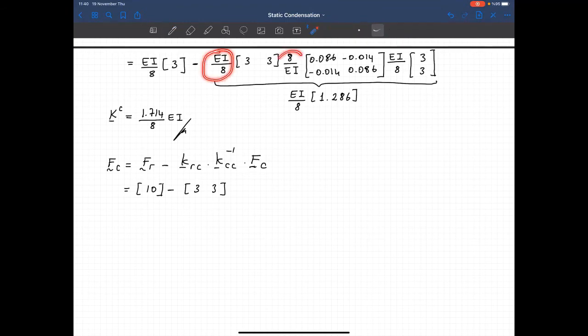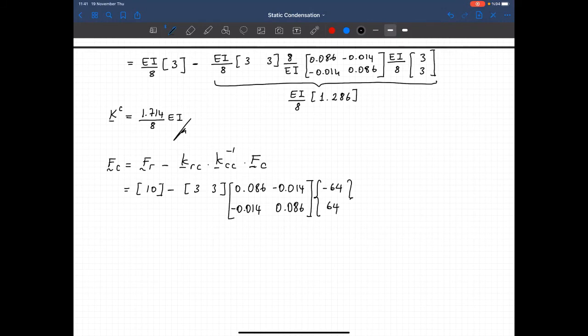I'm not writing, this one will cancel out each other, so I will just have the coefficients. 0.086, minus 0.014, minus 0.014, 0.086, 6, and I'm multiplying this by minus 64 and plus 64. Okay, and if you evaluate that expression, you will find that that's equal to 0. So my condensed force vector is equal to 10.